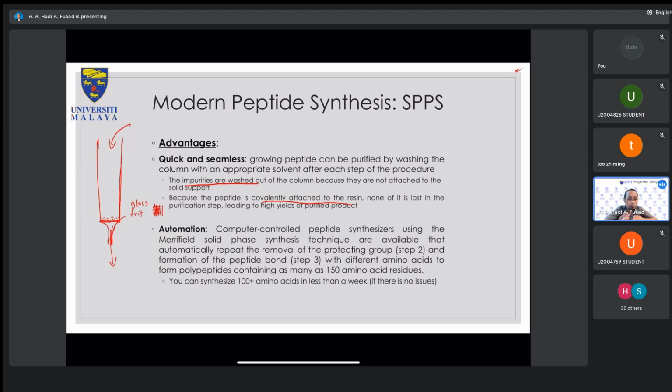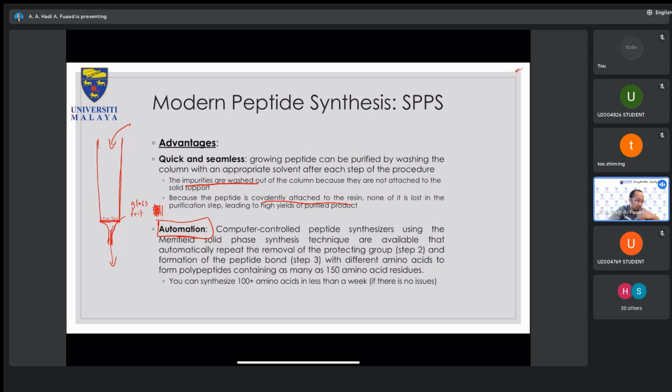And if you are into doing something like this, automation, I'm kind of promoting my project. I do have an FYP project to look into developing an automation for peptide synthesis in the lab. So instead of purchasing an instrument which is very costly, I'm trying to build up the automation system in my own lab.